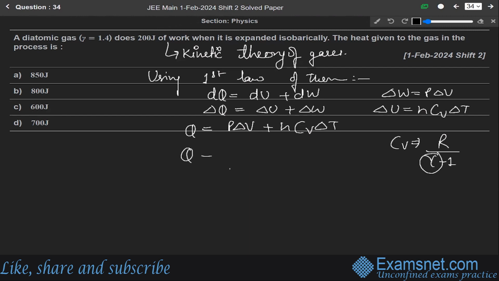So we write Q equals P delta V plus n R over gamma minus 1 into delta T.